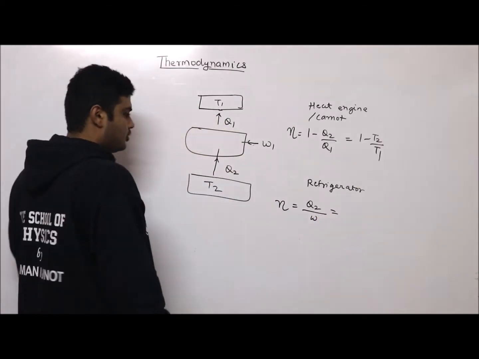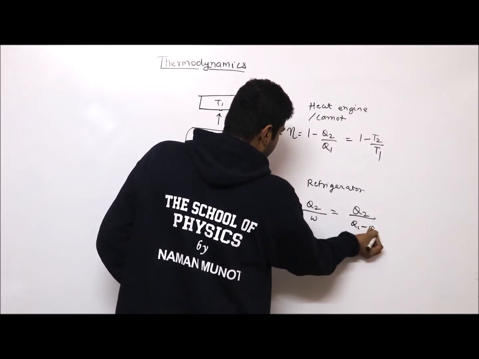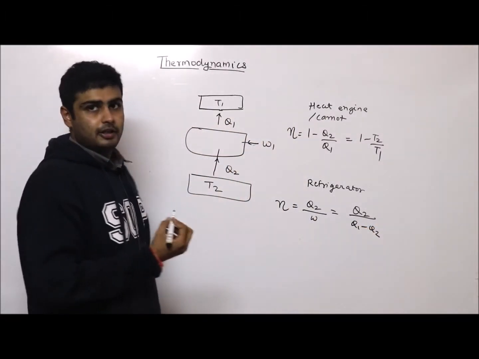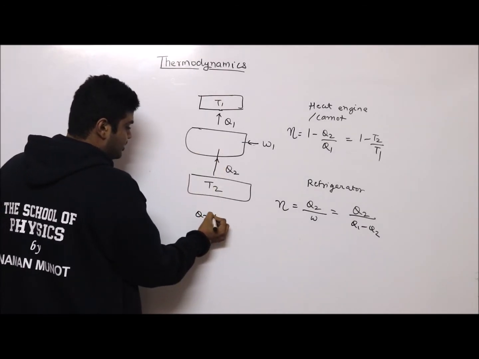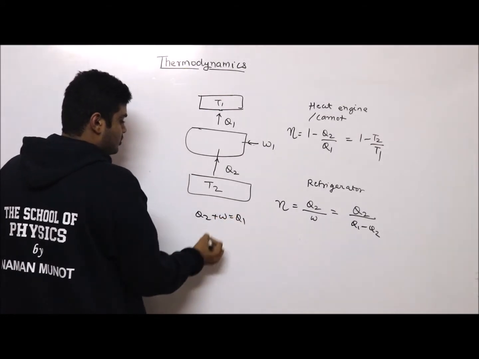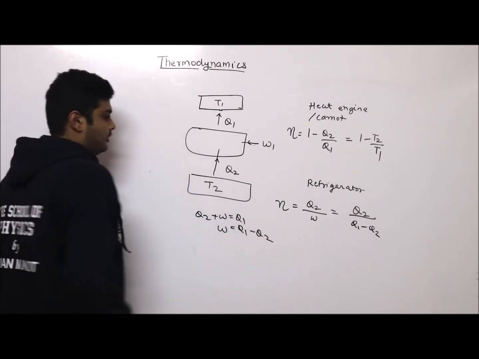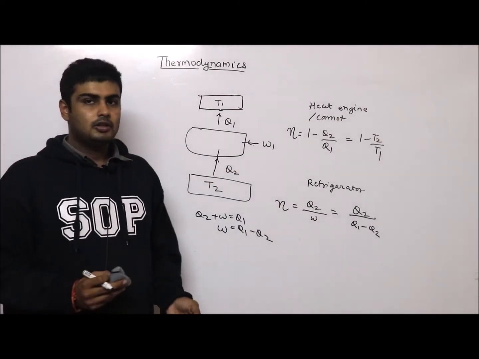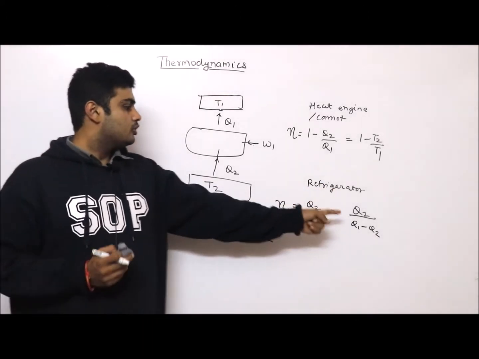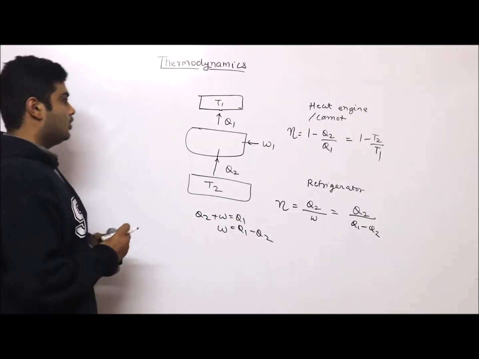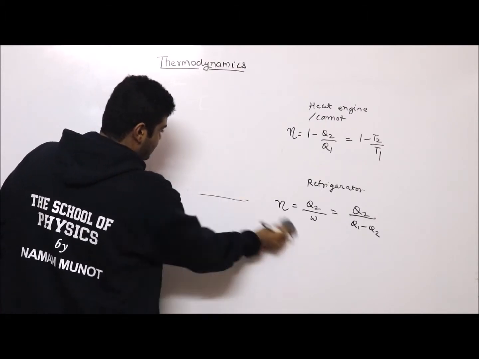Why? Because in a refrigerator, we have Q2 plus W is equal to Q1. So the work done is equal to Q1 minus Q2. The efficiency, or the coefficient of performance, is equal to Q2 upon Q1 minus Q2.